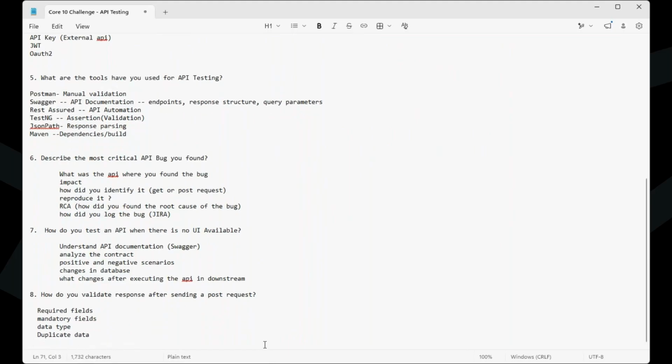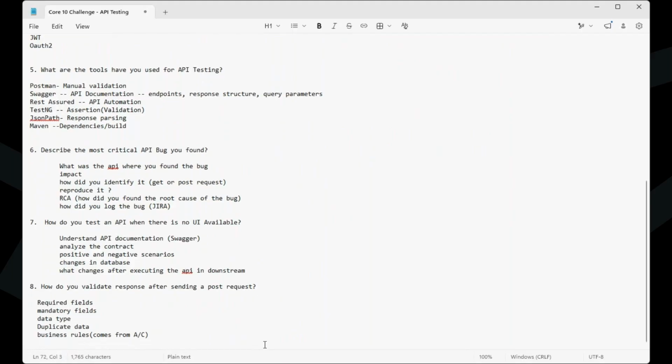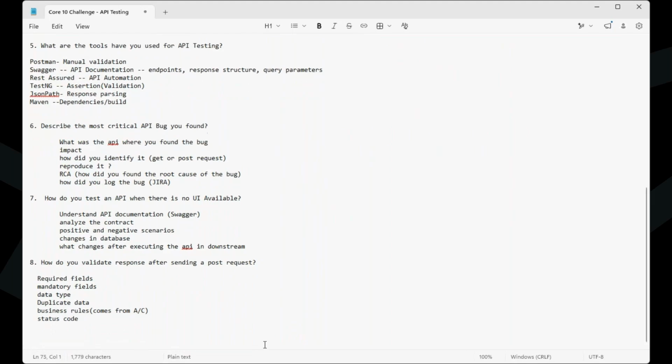Then you validate some business rules that come from the acceptance criteria. And you can talk about status code, definitely, always status code is the first one, okay? So these are the things when you have sent it, and also database.